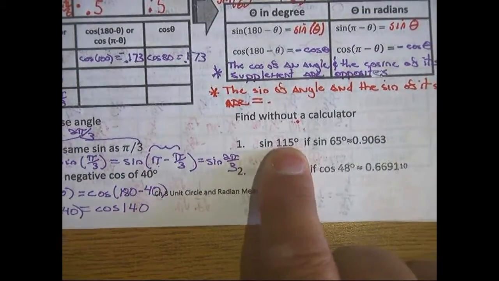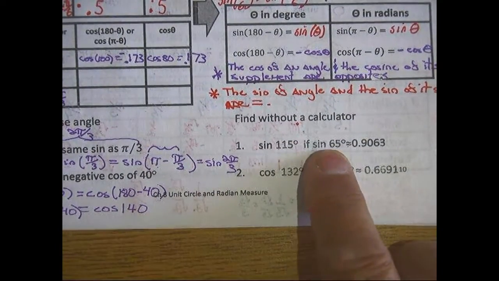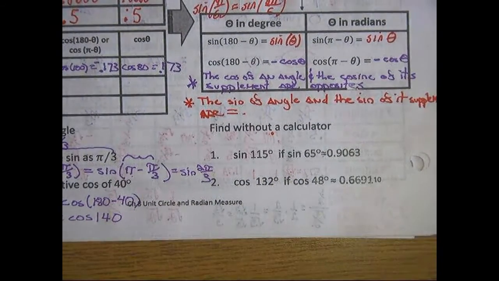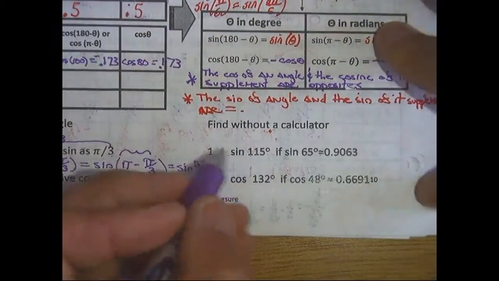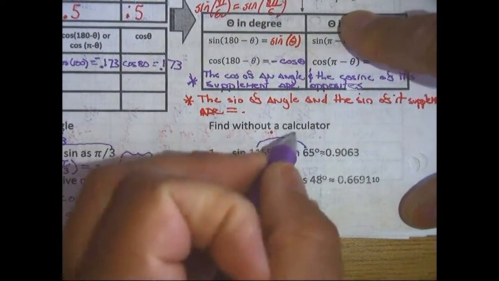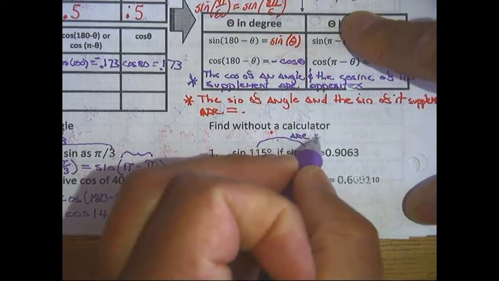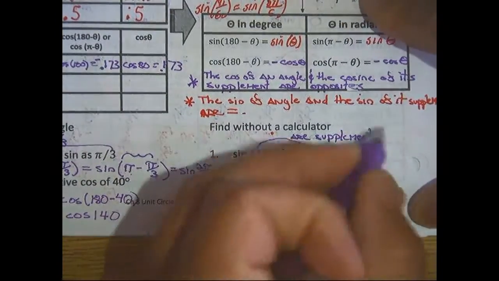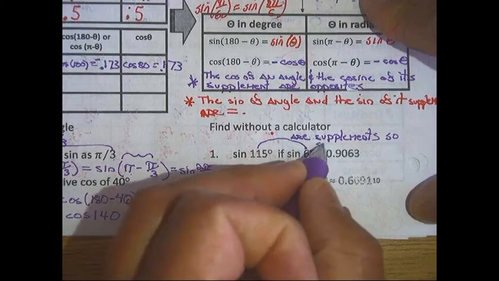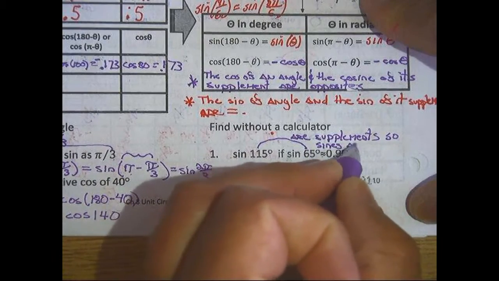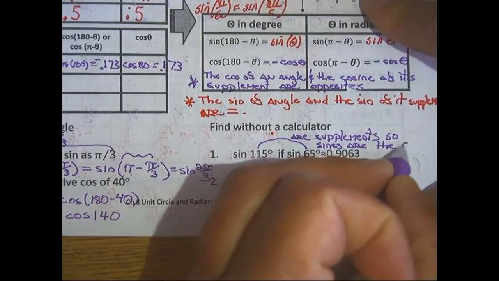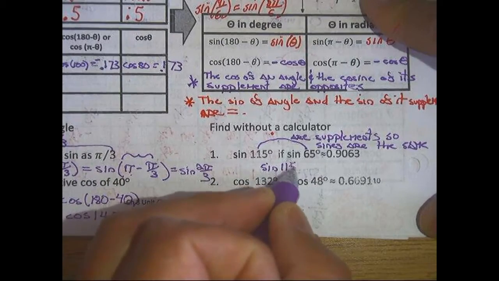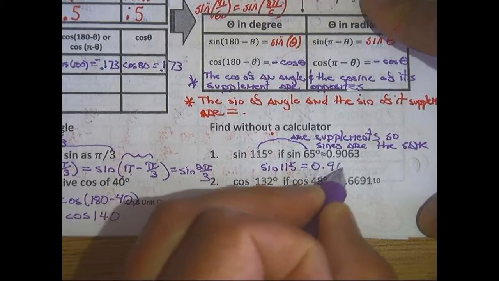What's the sine value of 115 if the sine of 65 is 0.9063 without a calculator? These are supplements. So the signs are the same. So the sine of 115 would also equal 0.9063.